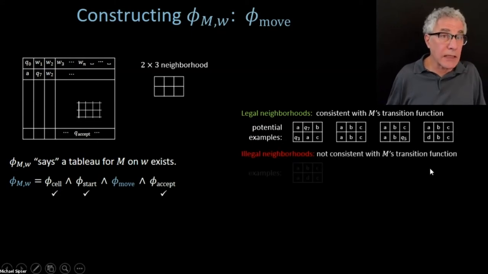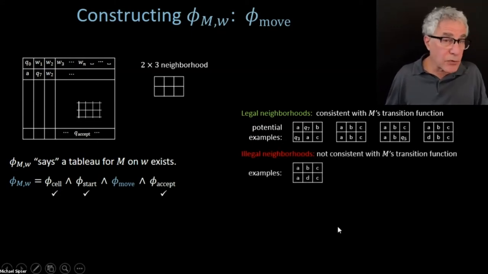Let me show you some illegal neighborhoods. I'm doing this as a kind of proof by example now. This is perhaps the most intuitive part, but I claim that it is easy to turn this into something airtight and formal. So this would be clearly illegal.